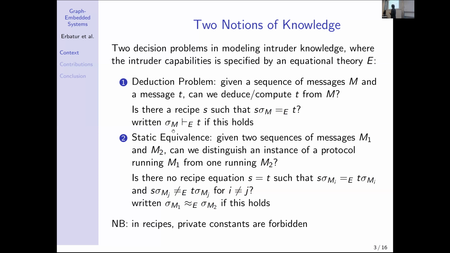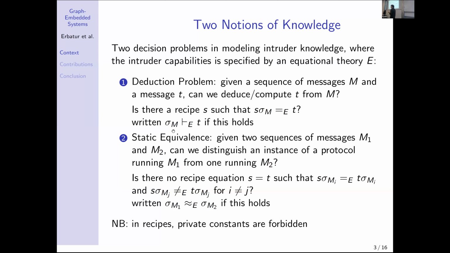And in that case, we don't have to determine a term context, but we have to determine what we call a recipe equation, for which, for one substitution, the equality will be true, and for the other substitution, the equality will be false. And in that case, this would mean that the two substitutions can be distinguished. Okay? And so we would have substitutions that are not statically equivalent.